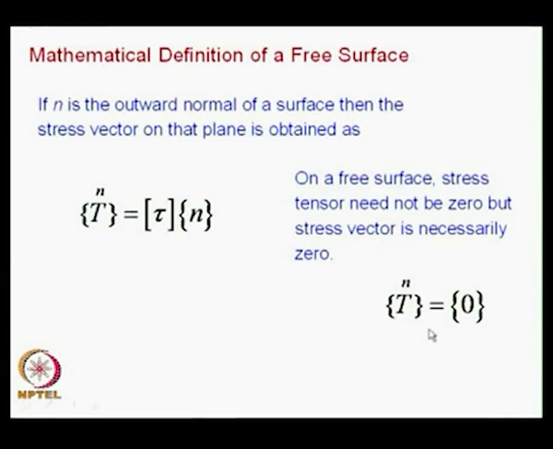And another important aspect is, what is the direction of this vector? See, when you take a surface, the surface may have an outward normal like this, but the stress vector can be at any angle; it need not coincide with the outward normal direction, and at a point of interest you will have infinite planes passing through it.